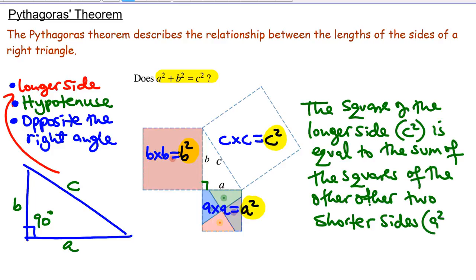So A squared plus B squared. So we can say that A squared plus B squared is equal to C squared. And we have been able to visualize that from what I've just showed you in that application.